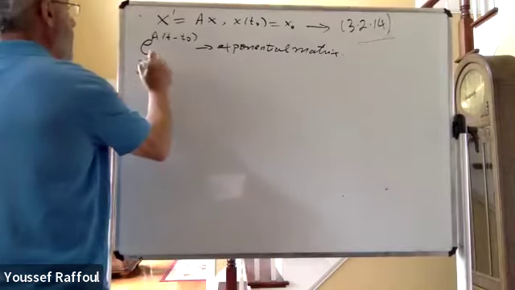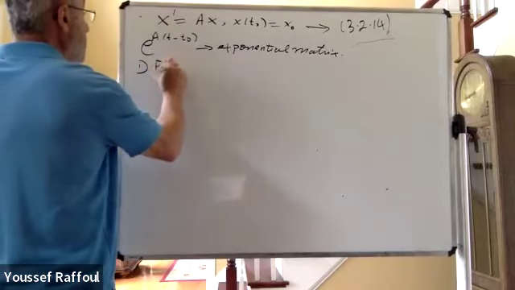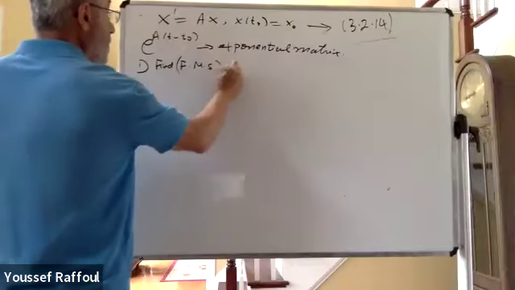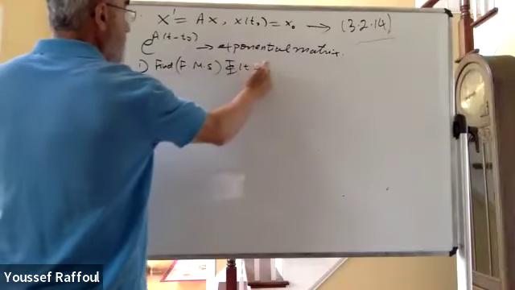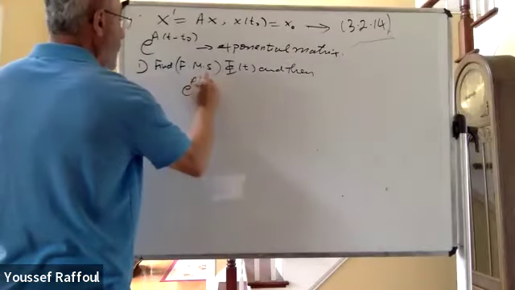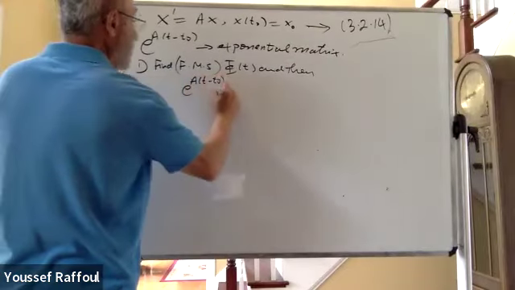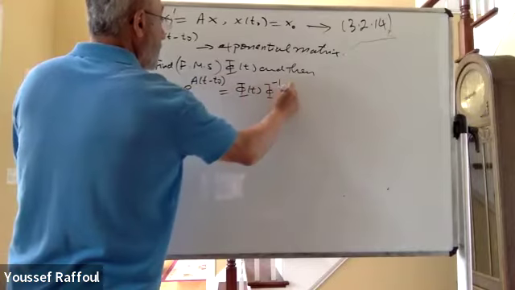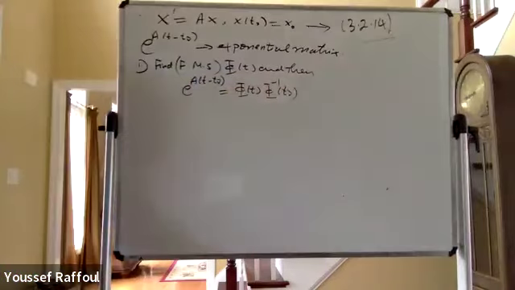One way you can find it is to find the fundamental matrix solution phi of t, and then e to the A(t minus t naught) is phi of t times phi inverse of t naught.